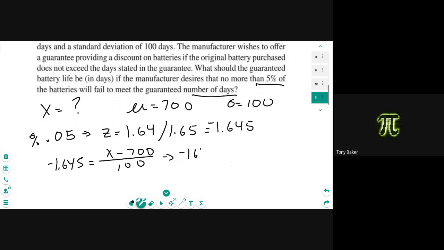Negative 164.5. So 535.5 equals X. So how many days?